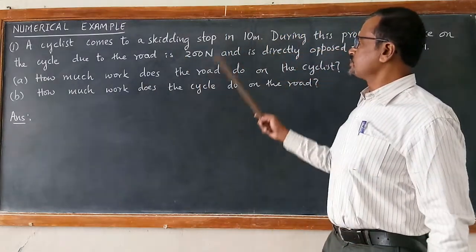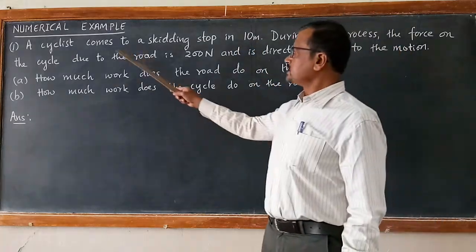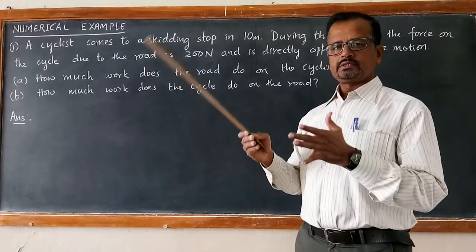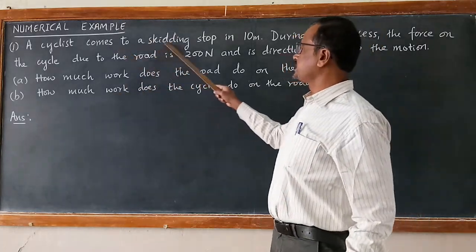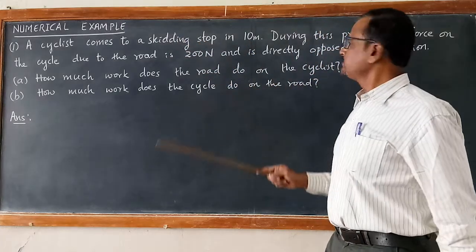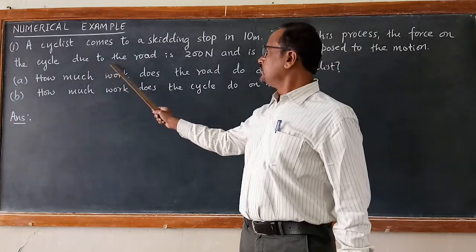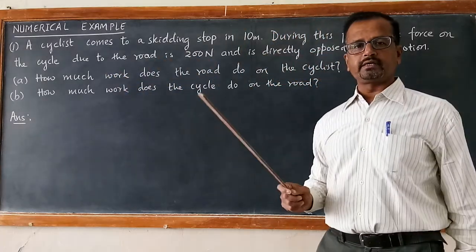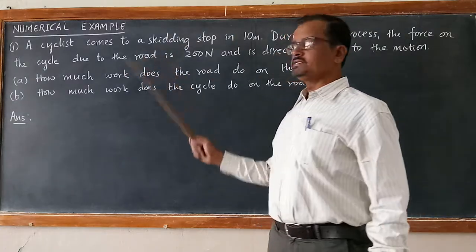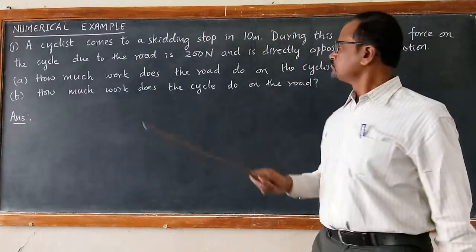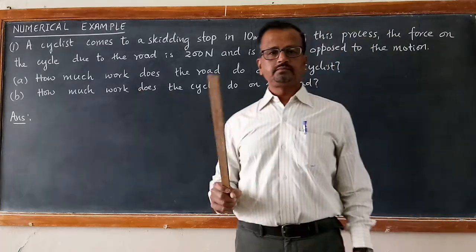Now let us solve one more problem. A cyclist comes to a skidding halt in 10 meter. A cycle which is in motion, the cyclist comes to a skidding stop in 10 meter. During this process, the force on the cycle due to the road is 200 Newton and is directly opposed to the motion.